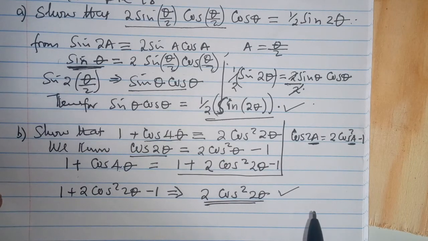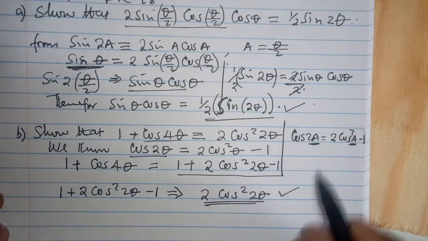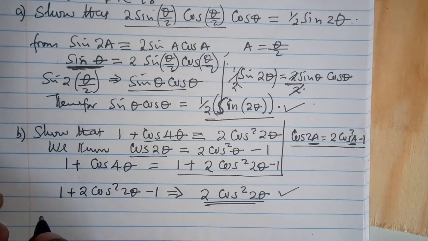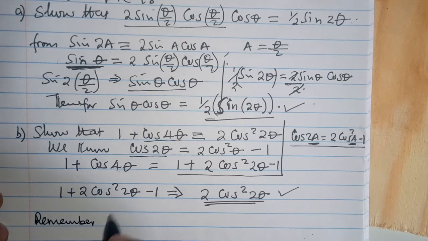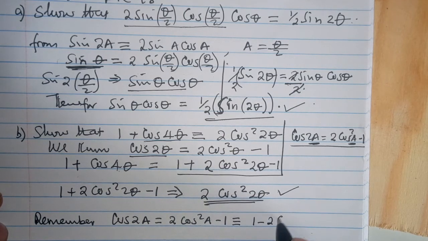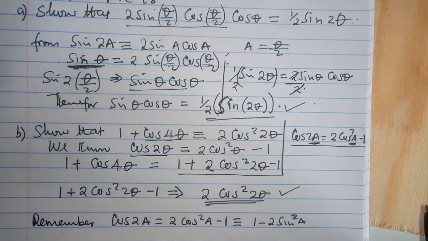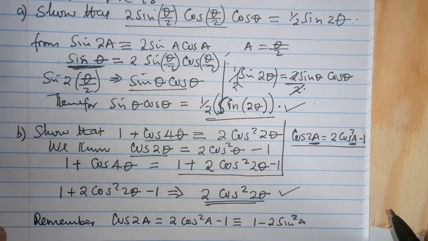Remember, the identity we have used here is, let me write it afresh because I don't think it's clear there. It is important to remember the cosine of 2a is equal to 2 cos squared a minus 1, which is also equal to 1 minus 2 sine squared a, which is also equal to cos squared a minus sine squared a.